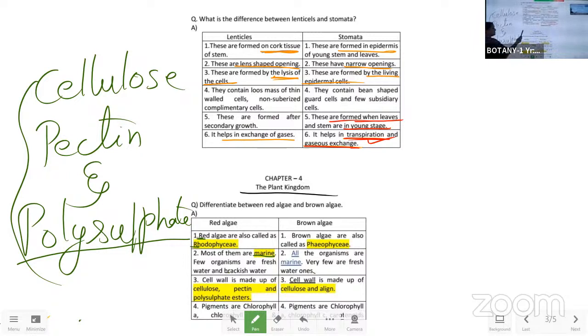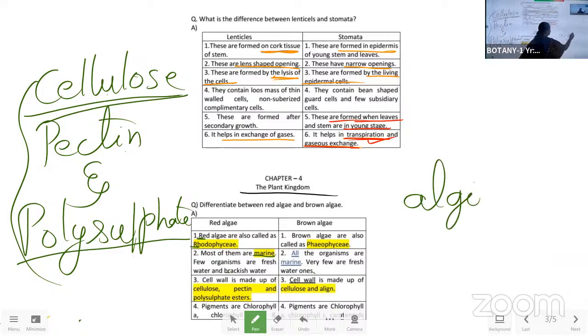So the cell wall is made up of cellulose, pectin, and polysulfate esters. Whereas in the brown algae, the cell wall is made up of cellulose. This is common to both the red algae and the brown algae. Apart from that, the brown algae has algin as one of the components of the cell wall.